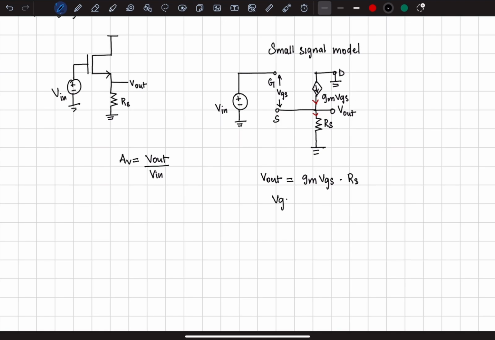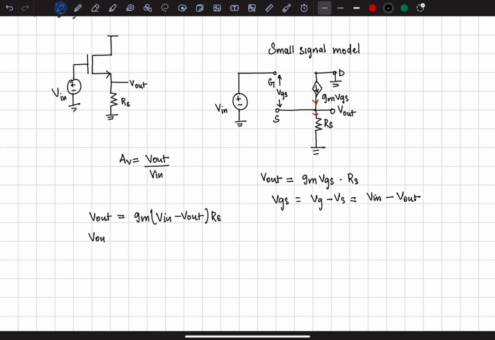And VGS is equal to the gate voltage minus the source voltage. Here the gate voltage is V in and the source voltage is V out. By substituting all of this, we get V out is equal to gm (V in minus V out) times RS.